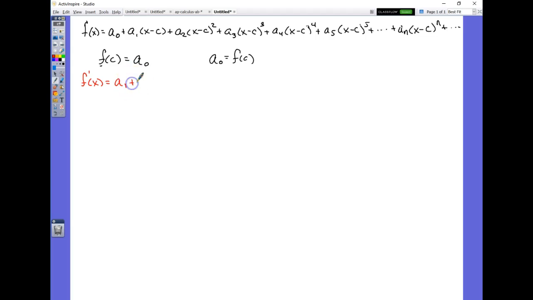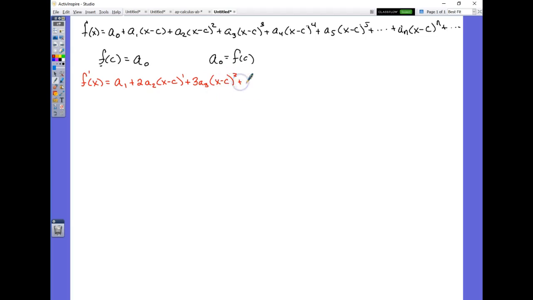The derivative of a2 x minus c squared is 2a2 x minus c to the 1. Agreed? The derivative of the next term is going to be what? 3a3 x minus c squared.